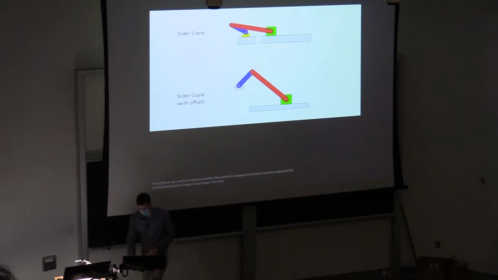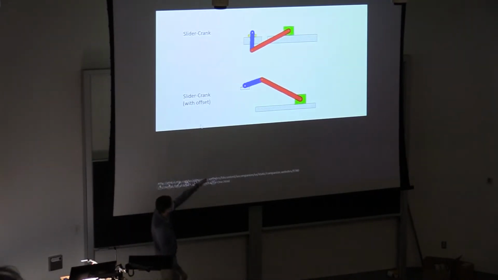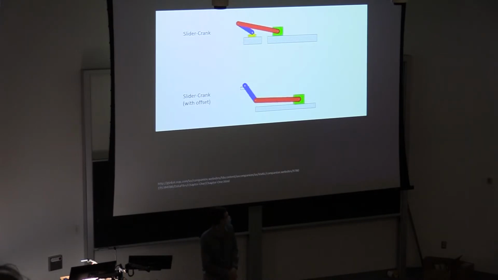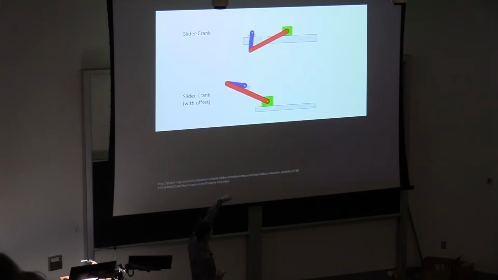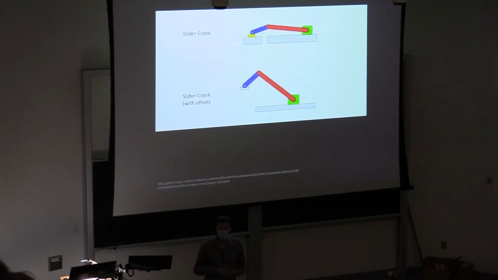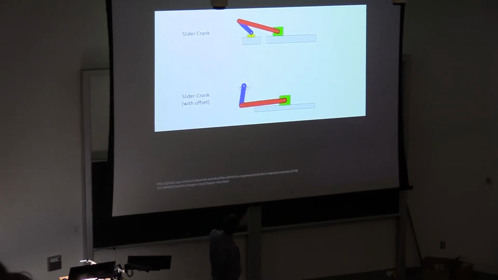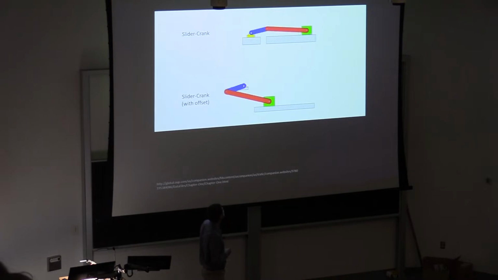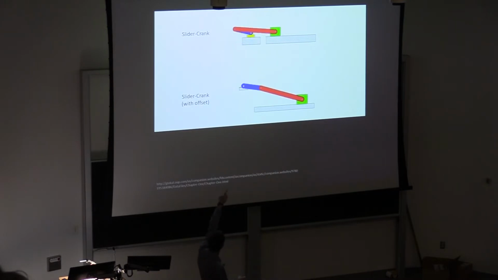A variation on the slider crank is shown here, where we move the ground, the slide, down a little bit. Physically it just moves the output down, but it also changes the behavior of the mechanism in a more subtle way. If you watch these illustrations play through, you'll notice the top one is nice and symmetric. The blue link is the input, going round and round.